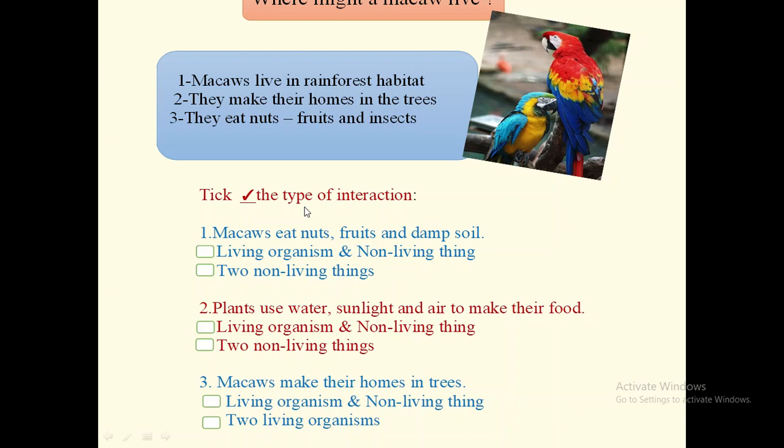Excellent. Living organisms and non-living things. Number 3. Macaws make their homes in trees. Excellent. 2 living organisms. Very good.